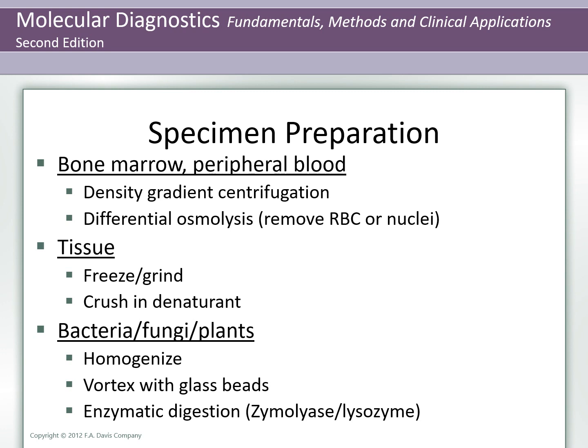Tissue can be frozen, then crushed, or fresh tissue can be ground, homogenized, or minced, but immersed in buffer that will inactivate intracellular RNases. This is especially true for tissues such as those from the pancreas that contain large amounts of innate RNases. Bacteria, fungi, and plants can be prepared using enzymatic digestion or may be broken down mechanically by homogenization or vigorously mixed with glass beads to prepare the specimens.